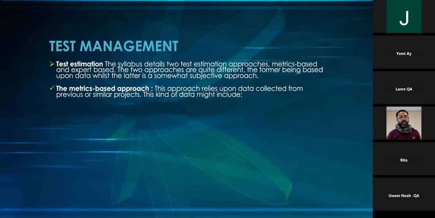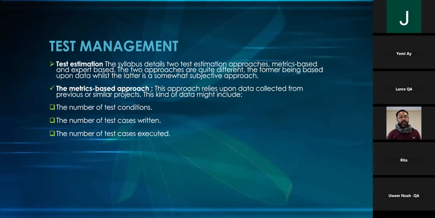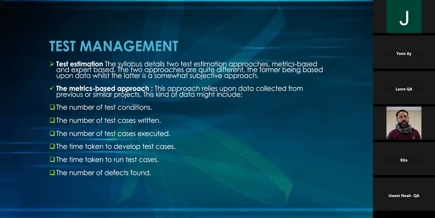The metrics-based approach relies upon data collected from previous or similar projects. This kind of data includes the following. Number 1, the number of test conditions, so these are what you have written. The number of test cases written. The number of test cases executed. The time taken to develop the test cases, that's to design the test cases. The time taken to run the test cases. The number of defects found.